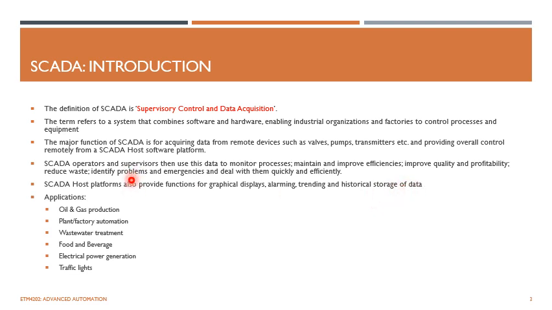SCADA is used in oil and gas production, plant factory automation, wastewater treatment, food and beverage, electrical power plants, and even traffic lights. There could be many more applications, but these are some generic examples.